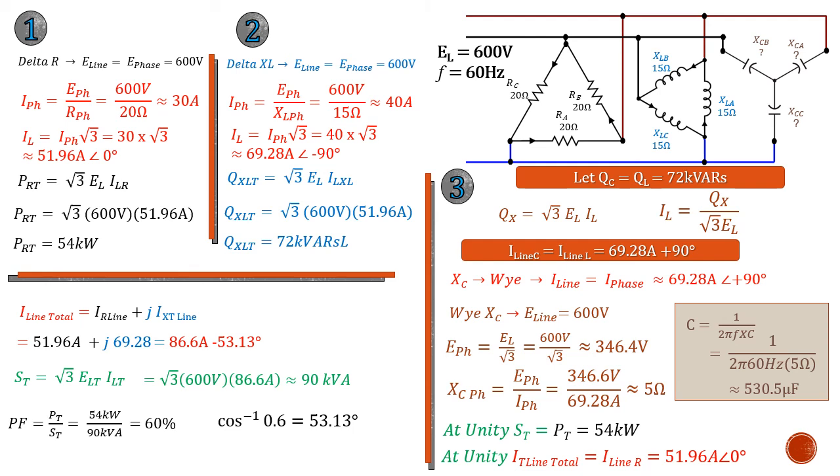And our source, back when it was an RL network, had to supply 90 kVA worth of energy, and once corrected, now only has to supply 54 kilowatts worth of energy. This is the power of power factor correction.